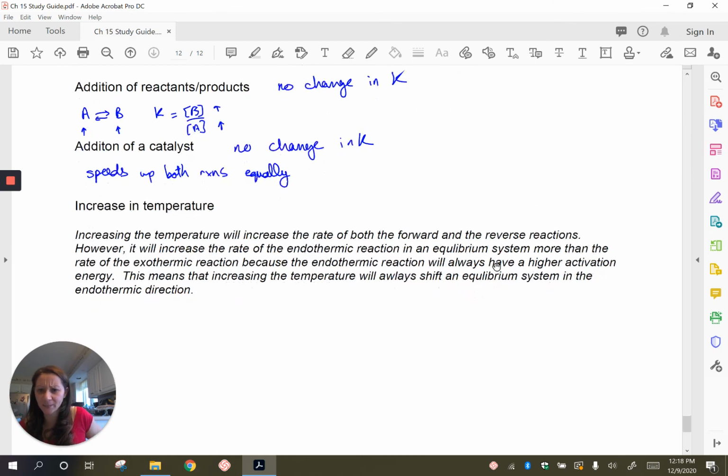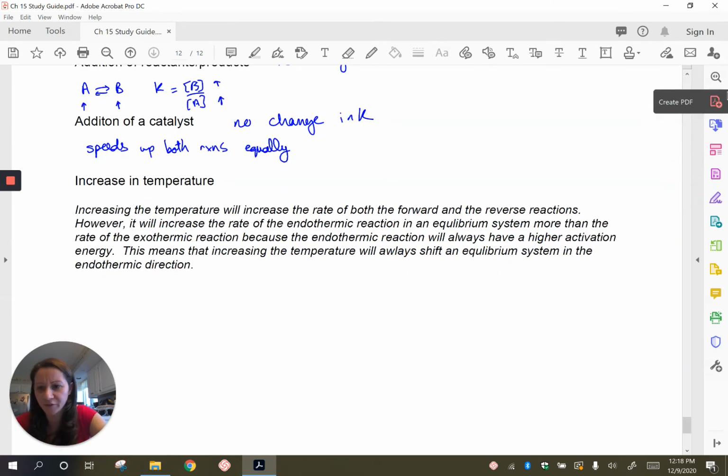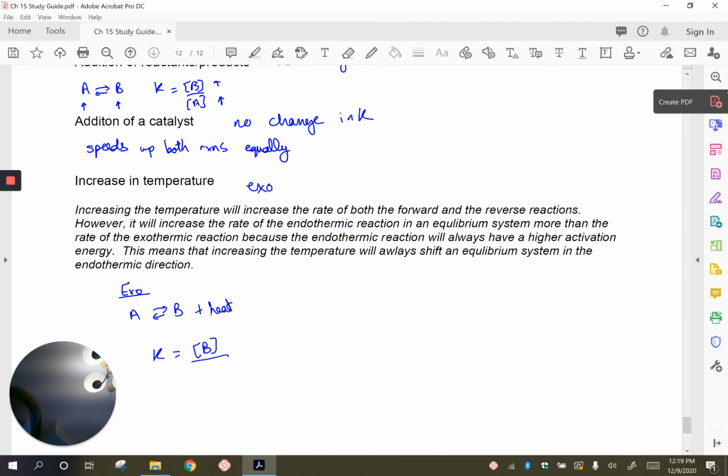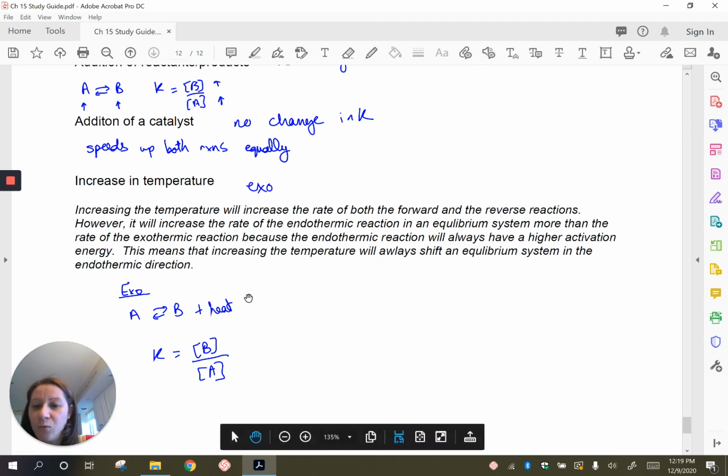So let's think about this. It depends on if it's exo or if it's endothermic. So let's start with exo. I'll write it down here. So you have A to B, and it's exothermic, so you're getting heat here. Your K expression is the concentration of B over the concentration of A. Well, if I add heat, so I'm increasing the heat, which way is it going to shift?